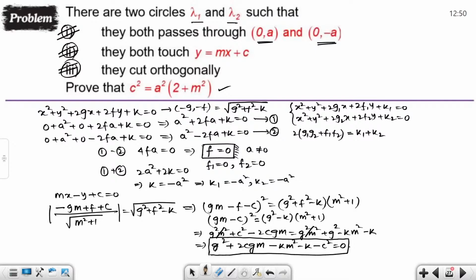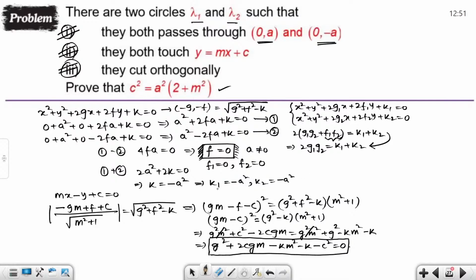Now as we all got that f equals to 0 for both the circles, this part will become 0. So that implies 2 times g1 g2 equals k1 plus k2. Are you getting the point? Your f is 0, true for both the circles, that is, f1 is 0 as well as f2 is equal to 0. Therefore, your condition has been transformed into 2 times g1 g2 equals to k1 plus k2.